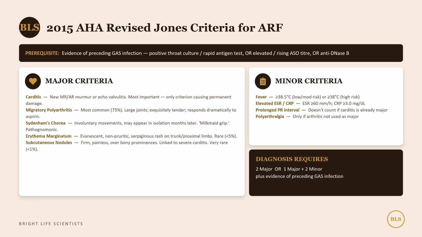And the minor criteria has fever, elevated ESR or CRP, prolonged PR interval, and polyarthralgia. So, presence of two major criteria is just enough to make a diagnosis, or one major criterion plus two minor criteria. And that is when you have evidence that this individual has been infected with Group A Streptococcus.